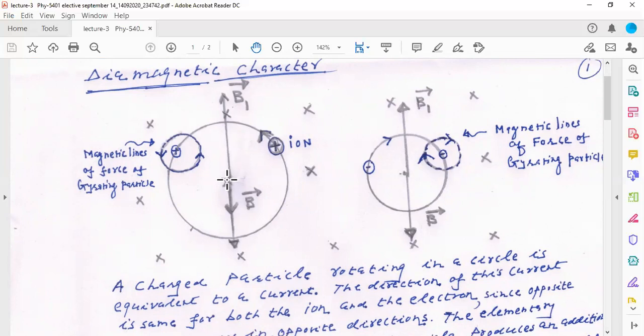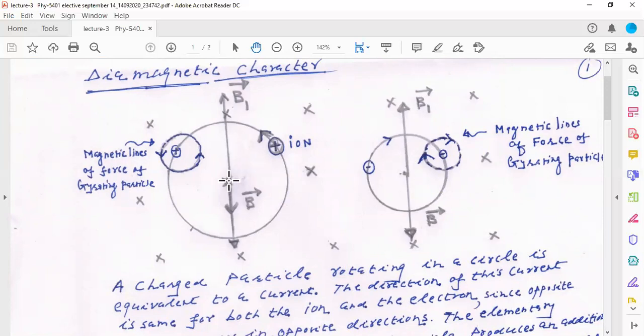Your magnetic field is going into the plane of the paper, and when you rotate the screw in an anti-clockwise direction, the screw will progress in an outward direction. That means it will come normally outward from the plane of the paper, while your magnetic field B is going into the plane of the paper. So this is the direction of your magnetic moment vector.